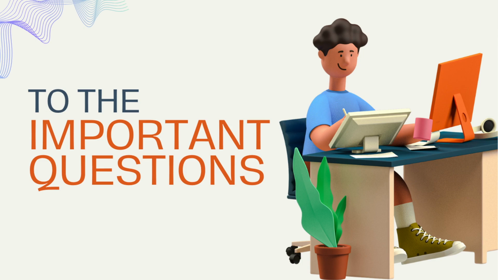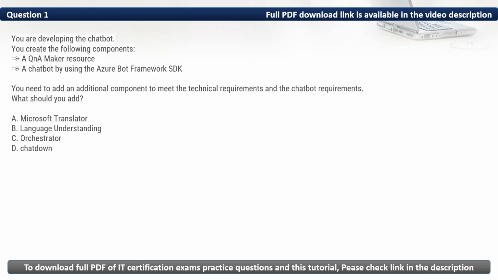To the important questions. Question 1. You are developing the chatbot. You create the following components: Q&A Maker resource, chatbot by using the Azure Bot Framework SDK. You need to add an additional component to meet the technical requirements and the chatbot requirements.